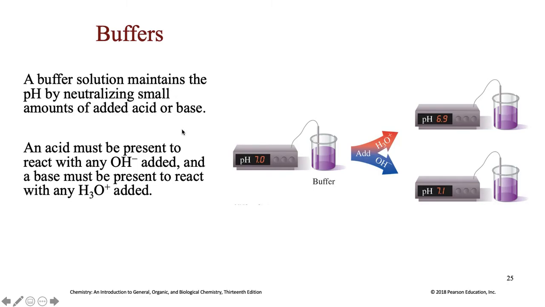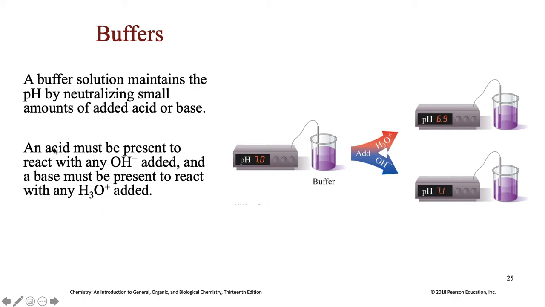This is perfect in our body because we're constantly producing H+ or OH- ions in many chemical reactions that are occurring in our body, but we need to maintain the pH of the blood as constant as possible because otherwise we wreak havoc, and that's why we have a buffer system in our blood.